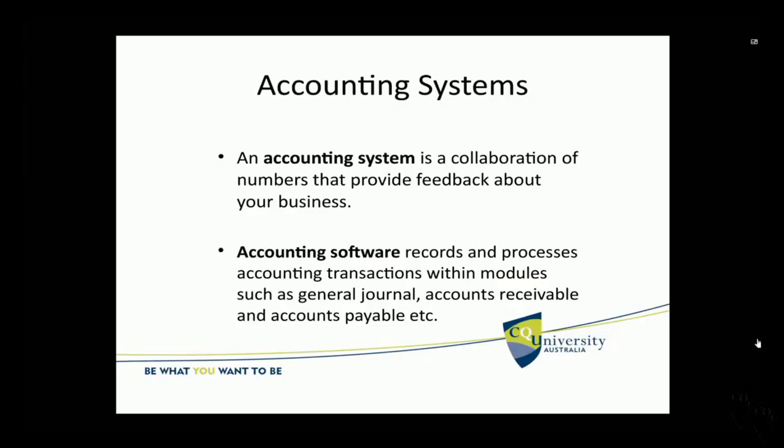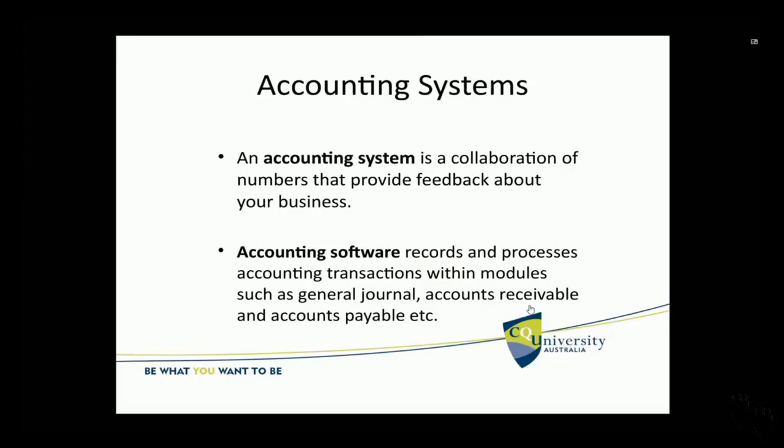The accounting software records and processes accounting transactions within modules such as the general journal, accounts receivable, and accounts payable. In most software systems, they're not called accounts receivable and accounts payable. They're called a different name. MYOB in particular calls them the sales command centre and the purchases command centre.